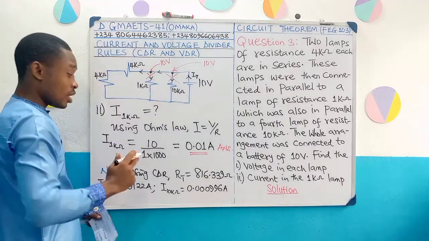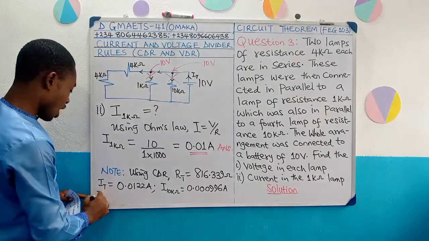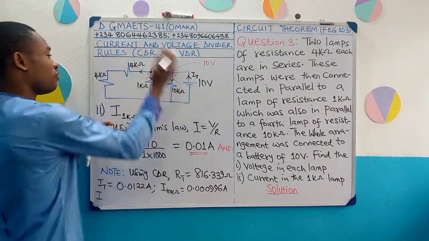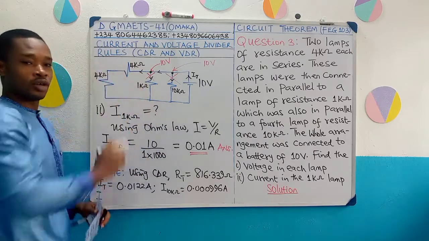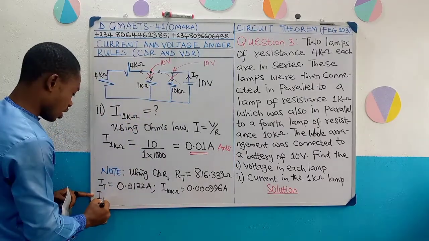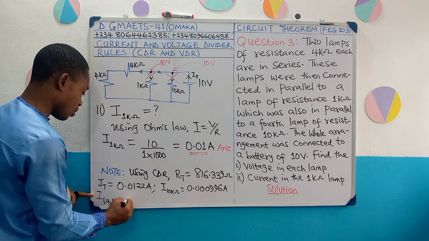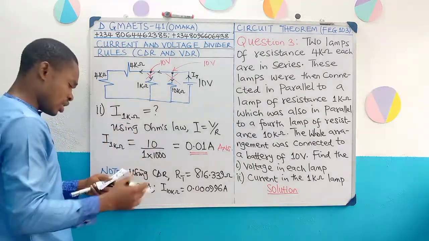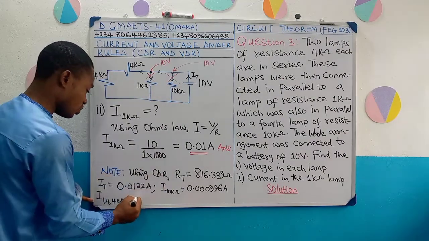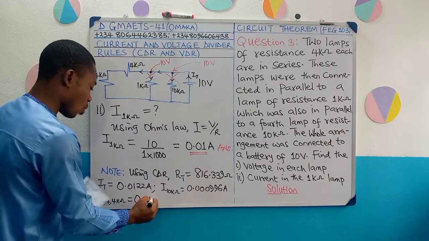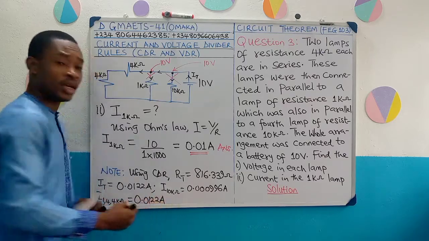Are you following, right? And when I did that, I used the current that will be feeding 144 kilo ohm resistance. Okay, let me write 144 kilo ohm resistance. Alright. So the current feeding that part, when I actually did that, I obtained 0.0122 ampere. Is that okay?